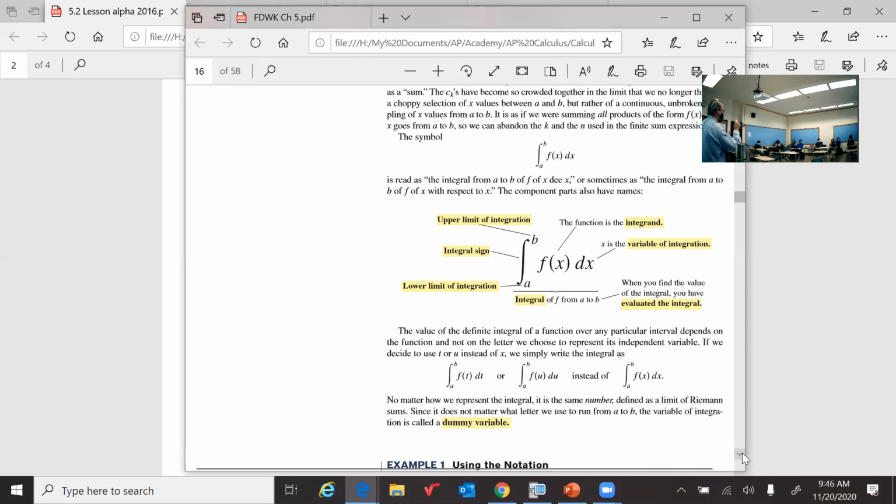But remember, the change in x is going to 0 from limit notation. So these rectangles are really, really thin, so you've got a lot of them. As the dx goes to 0, then what we did in the 5-1 lesson, these would get thinner and thinner and thinner, and you'd have more and more of them, so that it would go to the exact area of the curve.